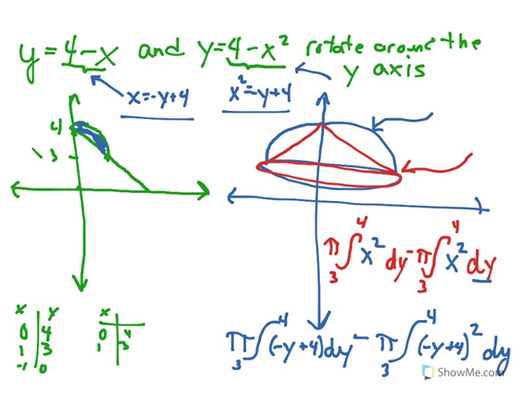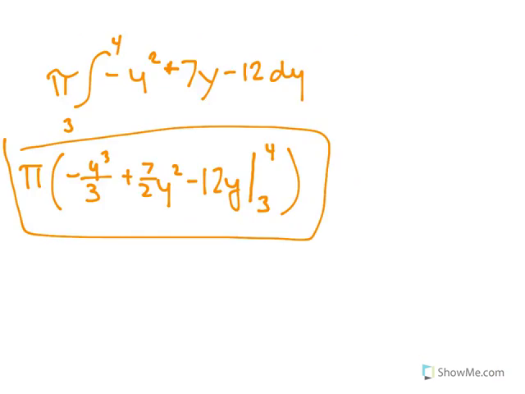If I really wanted to, I could have worked the problem the exact same way and switched everything, in which case I would have been looking at the regions bounded by x equals 4 minus y, x equals 4 minus y squared, and the x-axis.